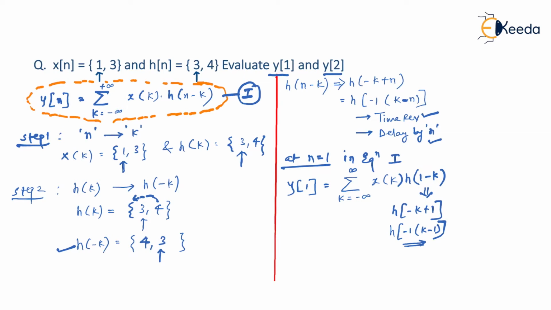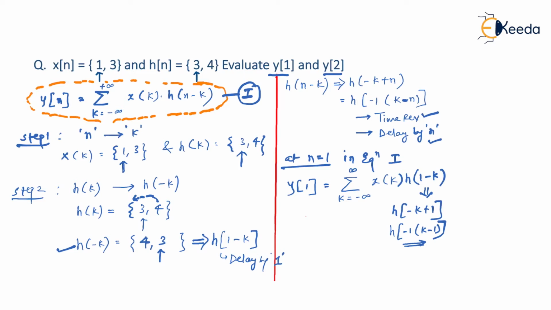So to convert h of minus k to h of 1 minus k, we just delay by 1. Now the question is how to delay the sequence by 1 in case of discrete time convolution. So again, I'll take some dummy example and I'll get back to this.